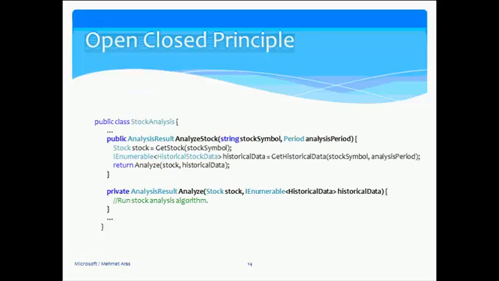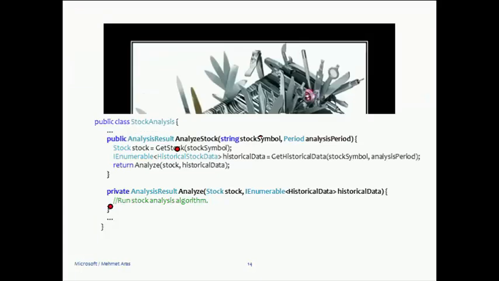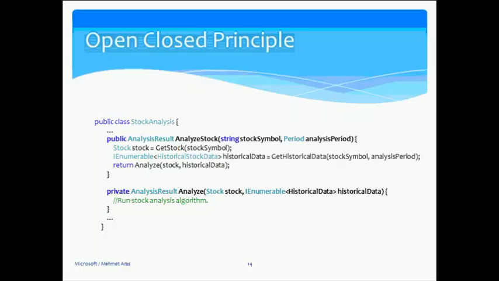The method gets the stock information and the historical data on the stock, and then it calls a method called Analyze. That method implements some mathematical algorithm to analyze the performance of the stock over that time period. Nothing wrong with this code, right? Looks normal. At this point, I don't see any problems with it.